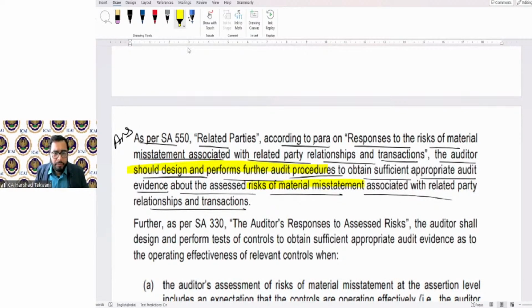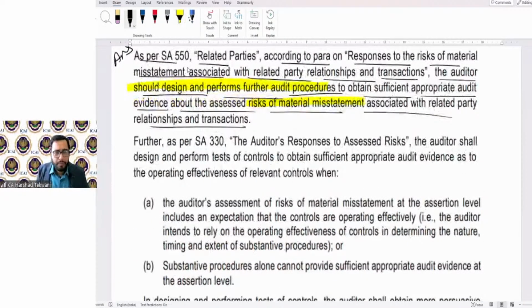So design and perform audit procedures to gather sufficient and appropriate audit evidence so that you can assess the risk of material misstatement and you can come to a conclusion for risk of material misstatement with respect to related party transactions or relationships.